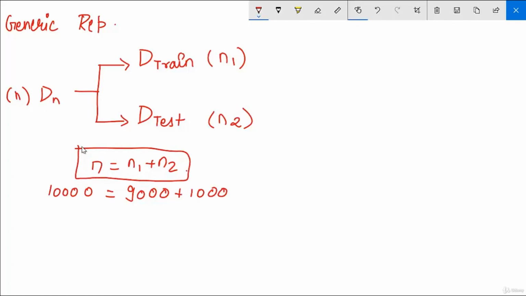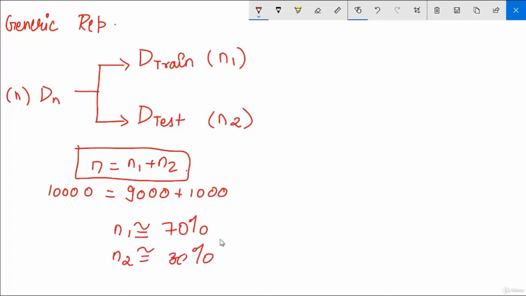Now, minimum requirement: if you have a huge data set, like 10,000 or into thousands, or maybe hundreds, N1 should be approximately 70% of the data set, and the remaining should obviously be approximately 30%.